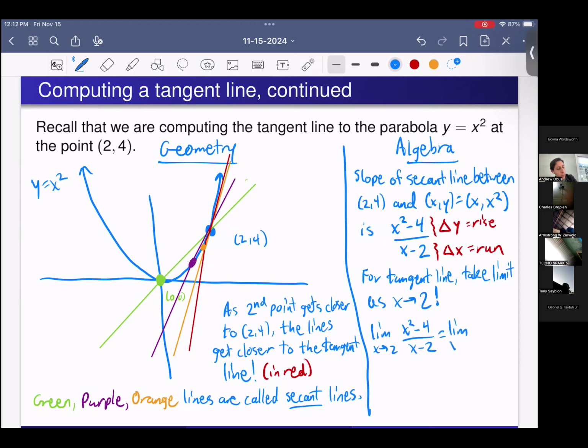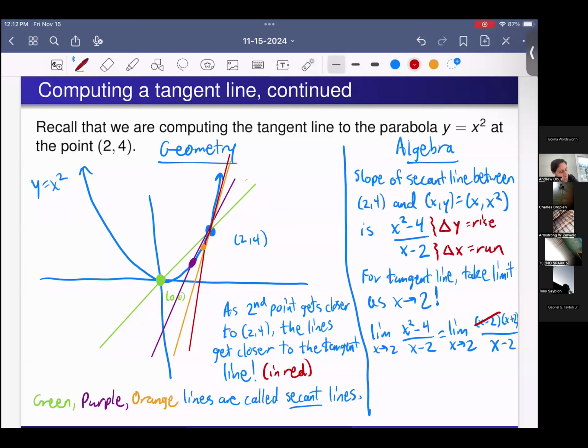And this is the type of problem we've seen already over the last month. We can factor x squared minus 4 as x minus 2 times x plus 2 and divide this by x minus 2. Remember, we can't just punch in 2 because we get 0 over 0. That's indeterminate. But if we factor this, we get x minus 2 times x plus 2 over x minus 2.